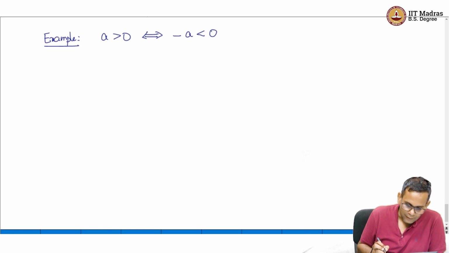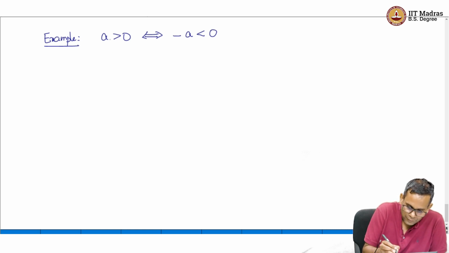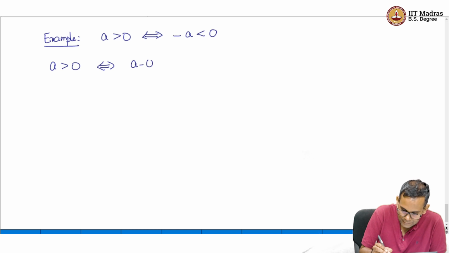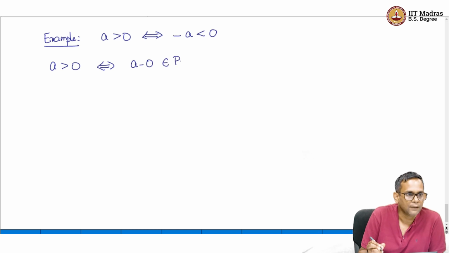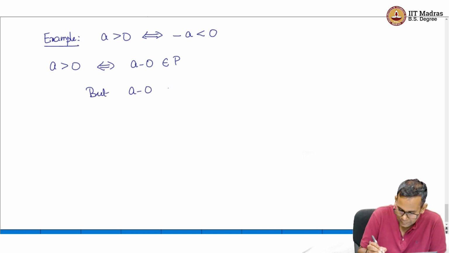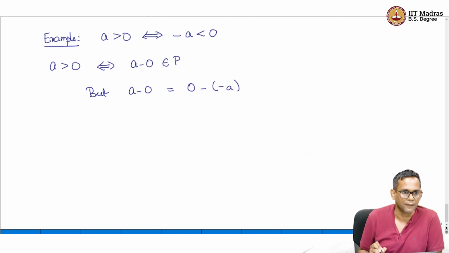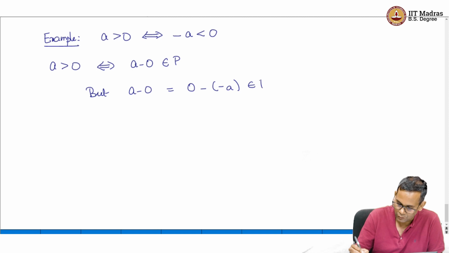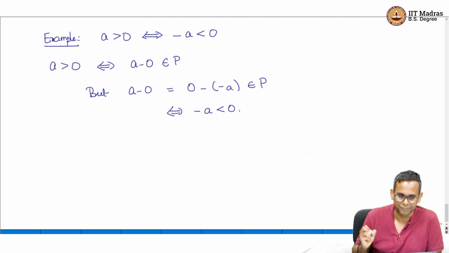And this is very easy to prove. a greater than 0 means that a minus 0 belongs to P, but a minus 0 is the same as 0 minus (minus a), and so 0 minus (minus a) belongs to P, which is the same as minus a is less than 0.